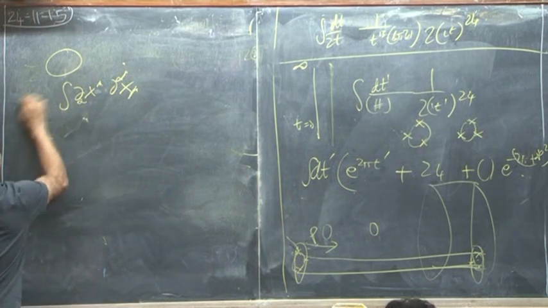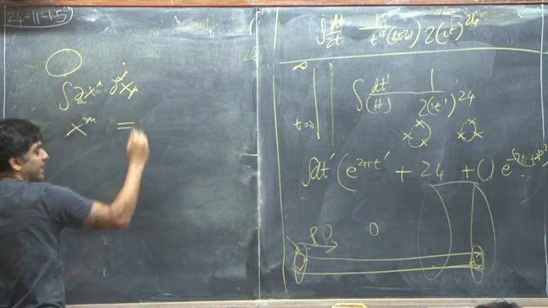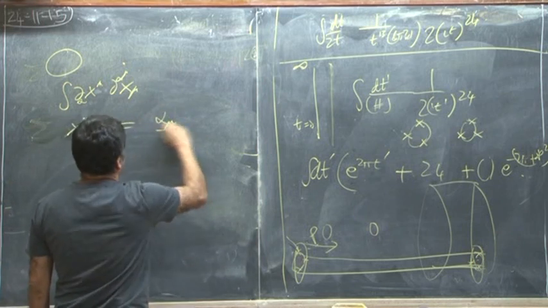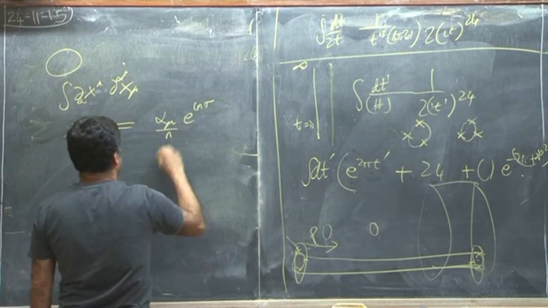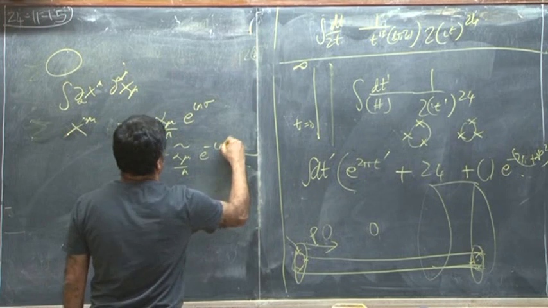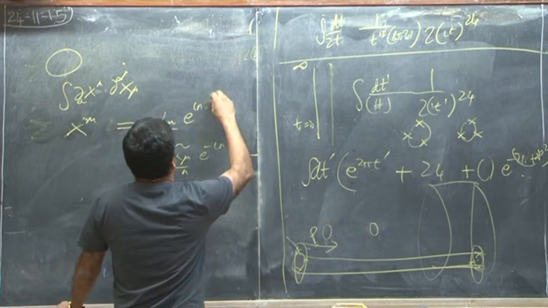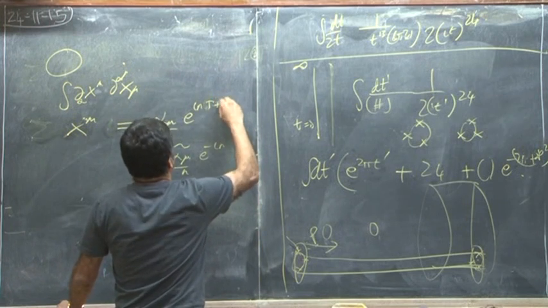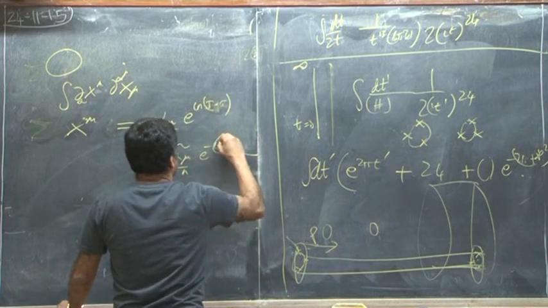X mu, apart from the zero mode, I'm writing non-zero mode parts, with alpha mu n e to the power i n sigma plus alpha mu tilde n, one minus i. Sorry, this is tau plus sigma, or maybe this was tau minus sigma, this was tau.